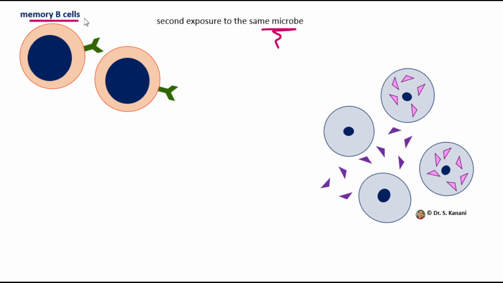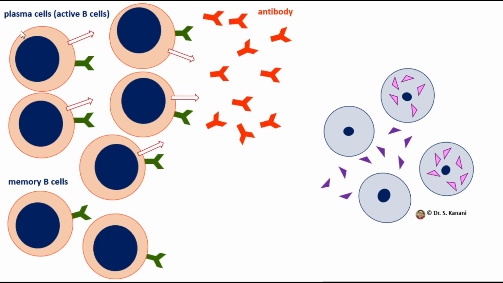These memory B cells are much faster, compared to the first time, to read the exogenous antigens and start their activation and proliferation process. Building an army of new plasma cells and new memory B cells happens in a much shorter period of time, and the amount of antibody molecules that they release within a very short time is more significant than the first time.